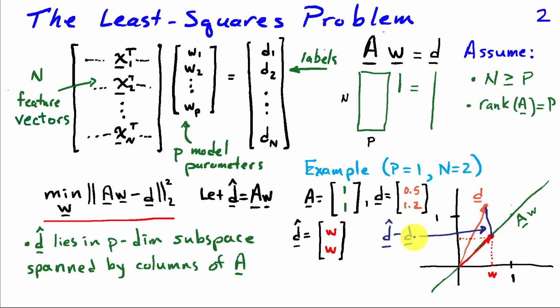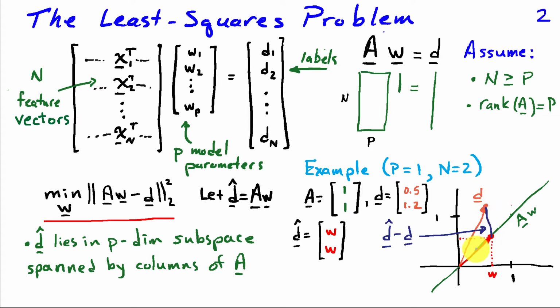Now if I look at the difference between my desired D and my D hat, it's this vector that I've drawn in here, and the question is, how do we choose W to minimize that distance? So remember, we're going to be traveling along this line someplace, and we want to find the W that gives us a D hat which is closest to D. So here's our distance.